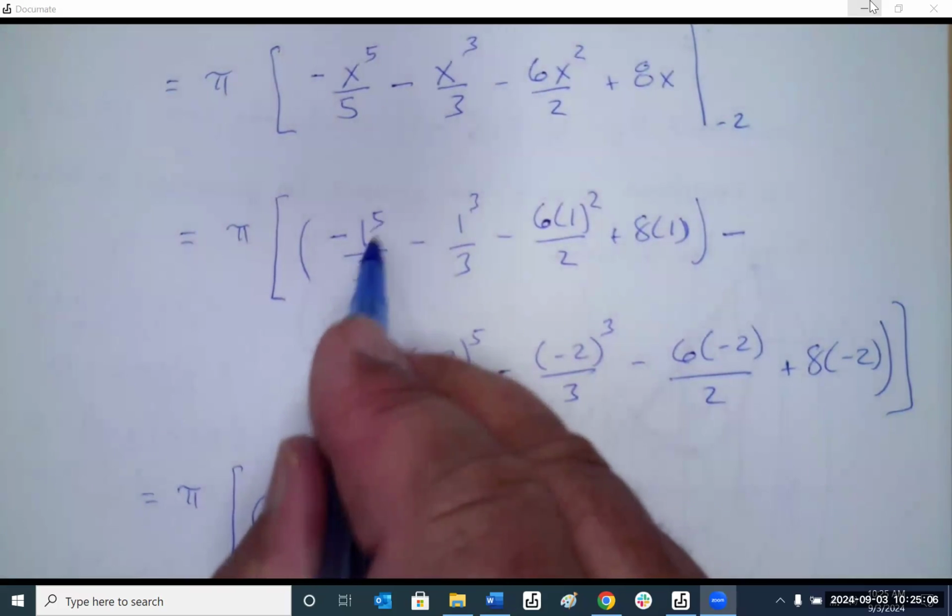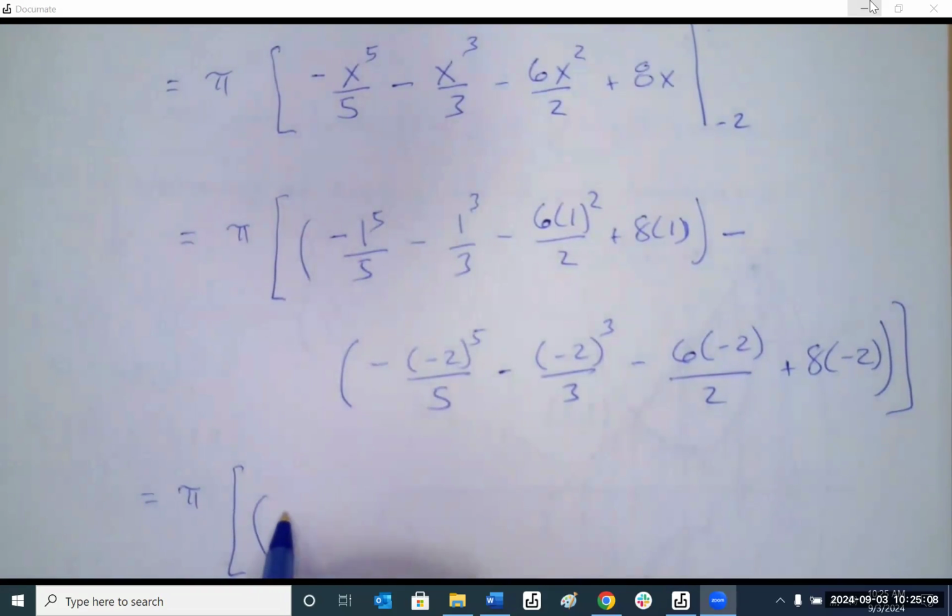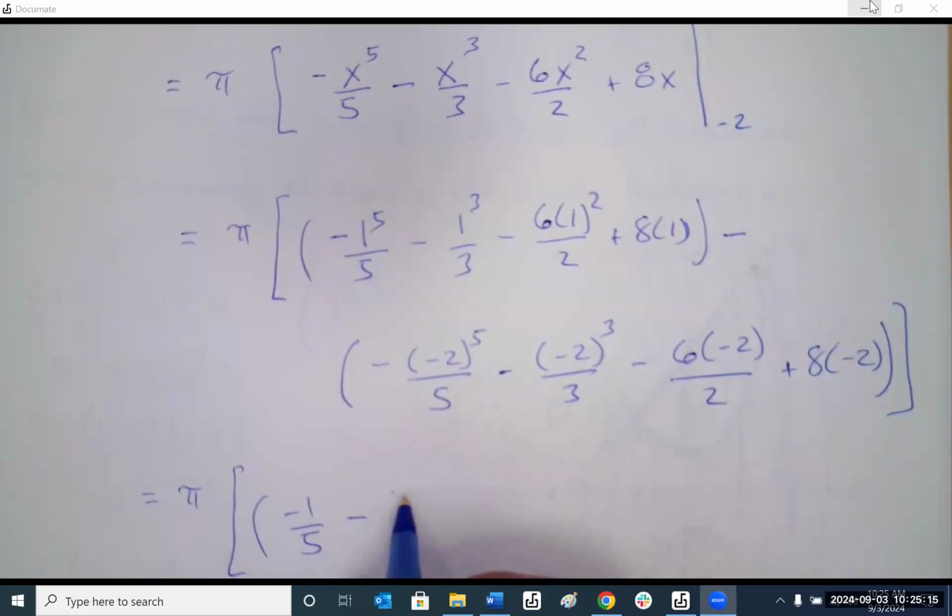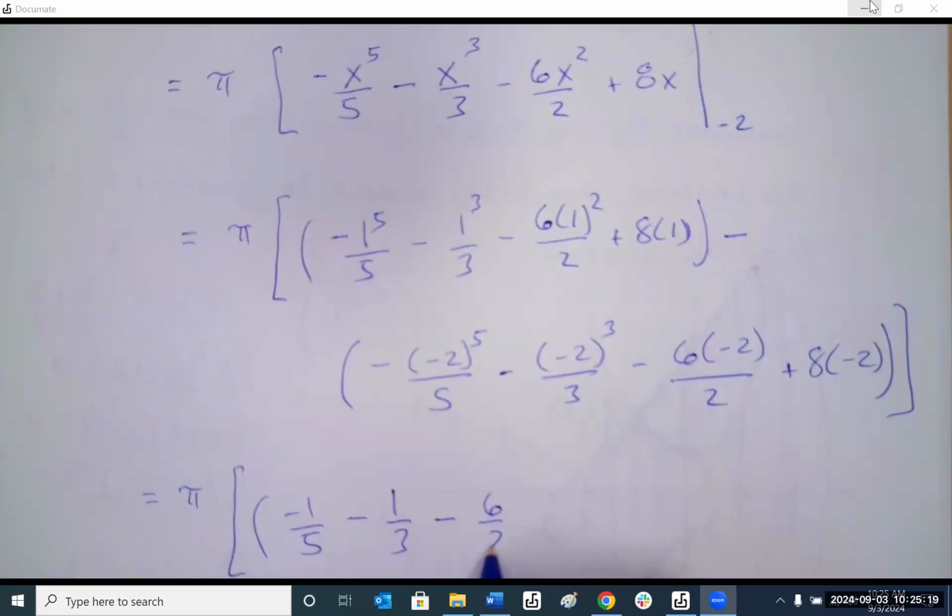So negative 1 to the 5th is negative 1 over 5 minus 1 over 3 minus 6 over 2 plus 8.